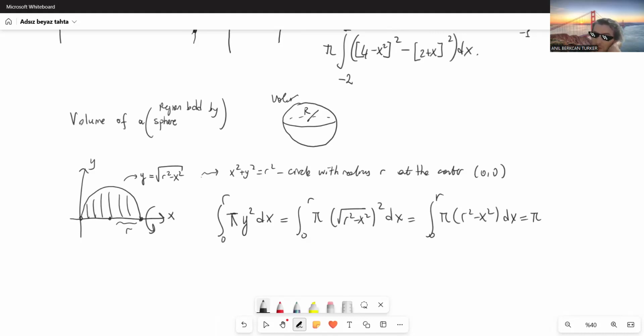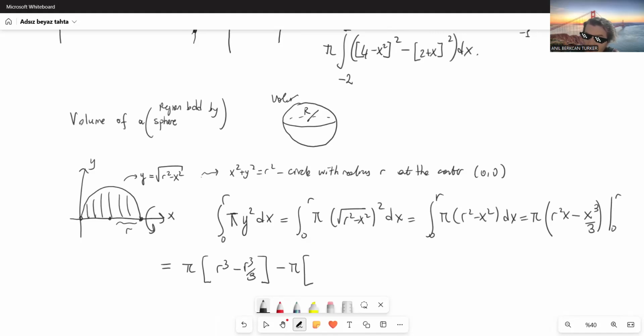So pi, and open. What is the integral of r squared? It is r squared x. What is the integral of minus x squared? It is x cubed over 3. And the boundaries are 0 and r, which gives pi times (r cubed minus r cubed over 3) minus pi times the other boundary.